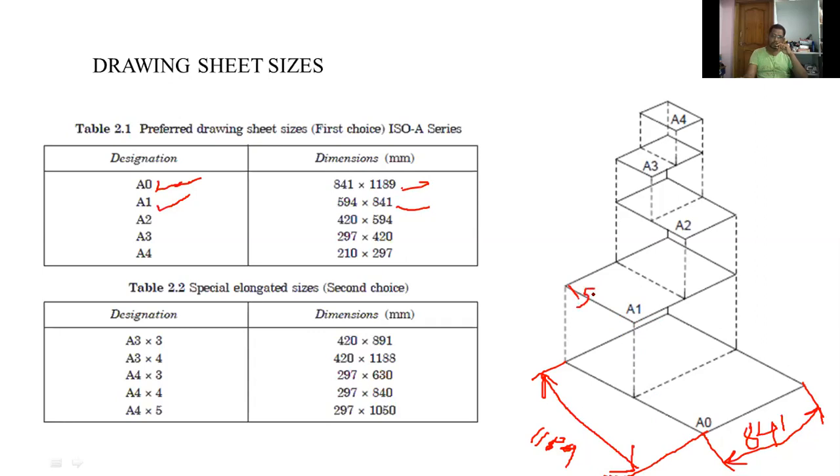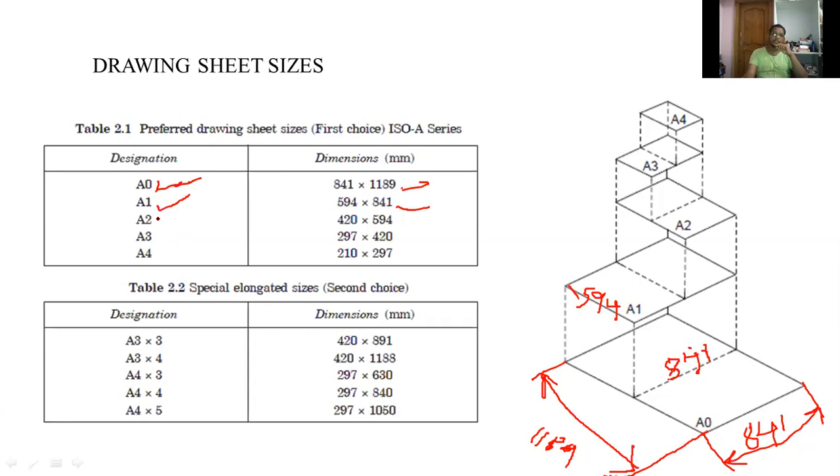The length of A1 sheet size is equal to half of this A0 size, so 594, and the length from here to here is 841. So the width is same. The width of A1 sheet size is equal to width of A0 sheet.